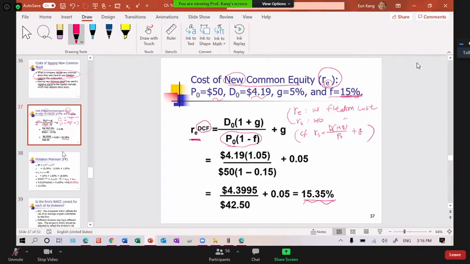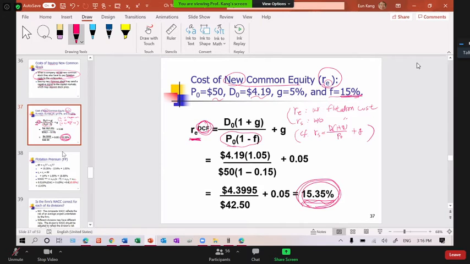There are 3 ways, and this is just one of them. So this is RE based on the DCF method.